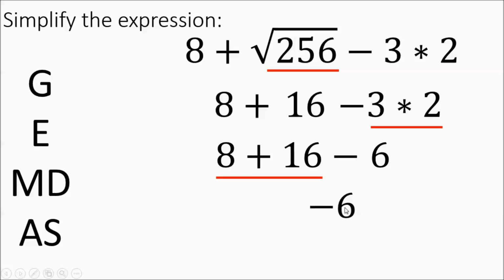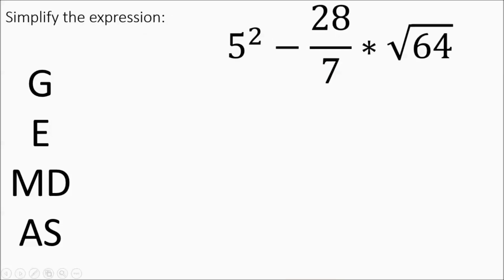So I'm going to drop down my negative 6 or minus 6. And then I'm just going to work that out. So that's still the add subtract checkoff here. And there you go. That whole thing works out to 18. It simplifies to 18.